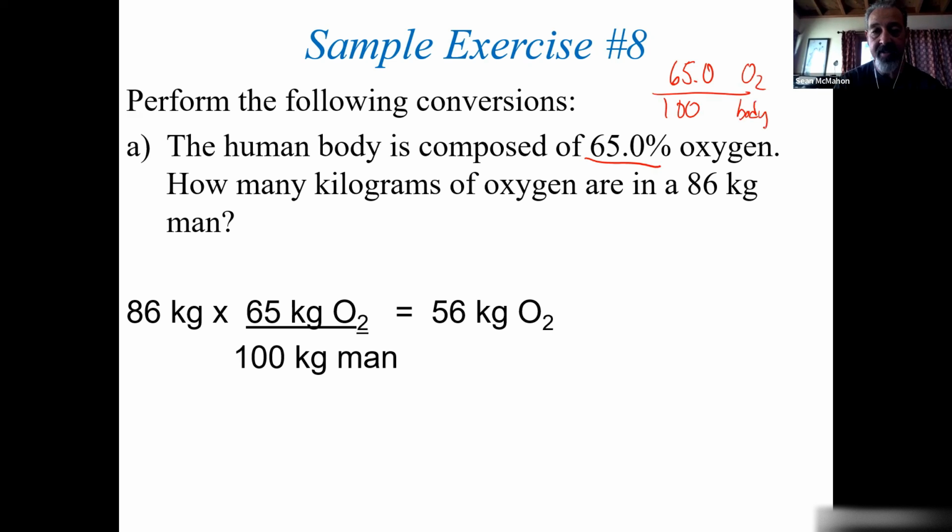Now the unit, how many kilograms of oxygen in 86 kilograms of man? Okay, so I'm starting with 86 kilograms of man. So in 100 kilograms, there's 65 kilograms of O2.